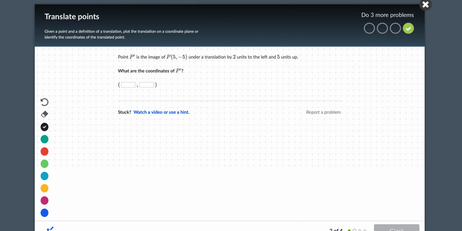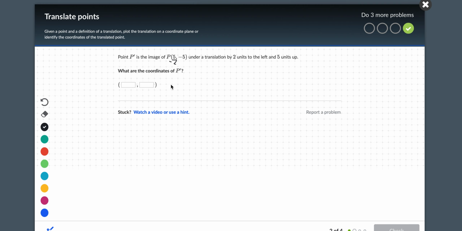Alrighty, next one. So the second version of point P is the image of P, and the original P is 5, comma, negative 5, and it's translated 2 units to the left, so we'll do that one first. 2 units to the left is the same thing as subtracting.